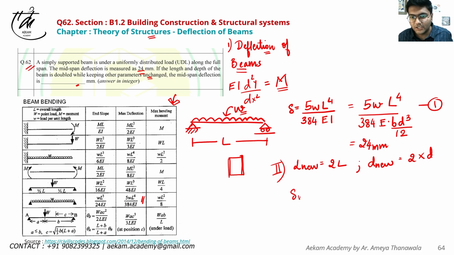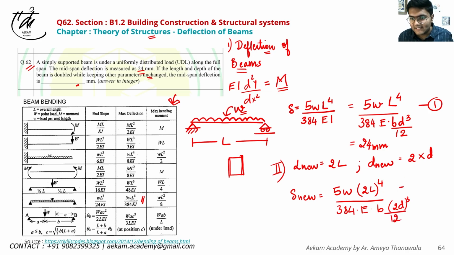So our new deflection will be 5W into 2L raised to 4 upon 384 into E into B, because it's the same, and D will become 2D cube by 12.